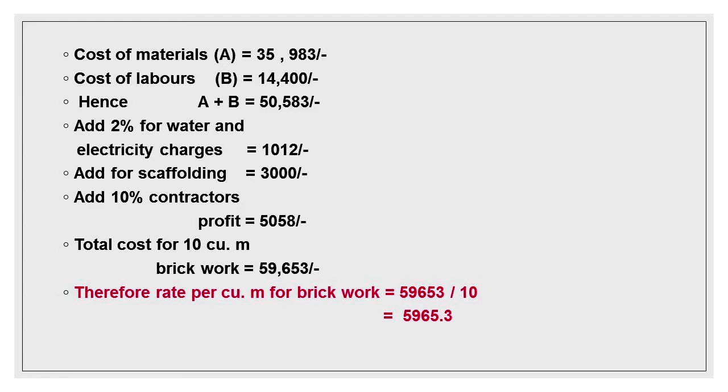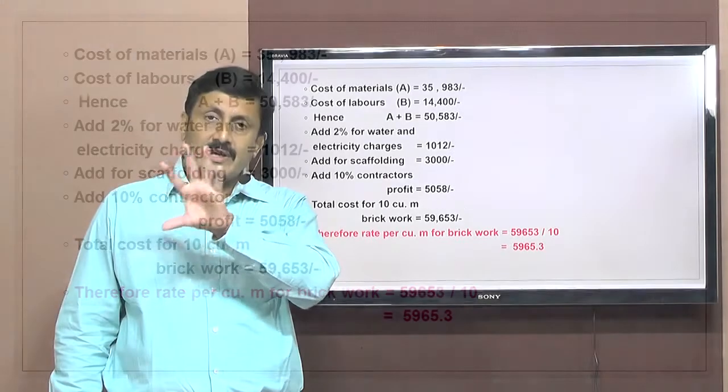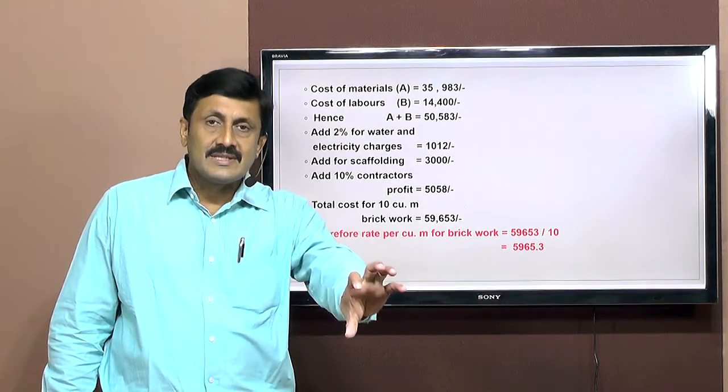Now this is the cost for 10 cubic meters. So rate per cubic meter, if you want to find out, we have to divide this total cost, that is 59,653, by 10. Why 10? Because our assumed quantity is 10 cubic meters. So for 10 cubic meters this is the cost.